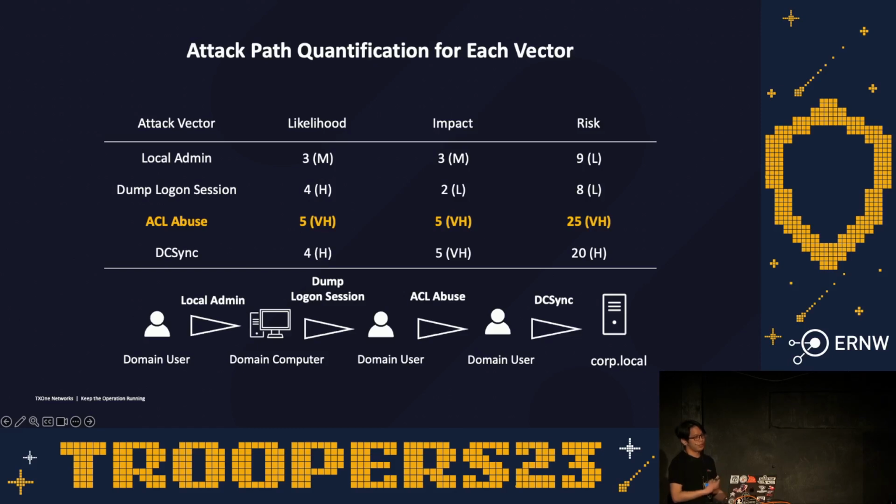And maybe for the next one will be the DC sync, which is the second highest one. So as we have the table shown right here, it's for various quantified risk values, we can use these values to help us for the prioritization to start our mitigation works on the attack vectors.